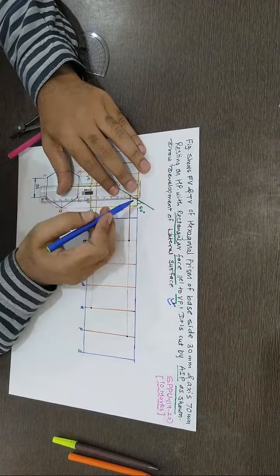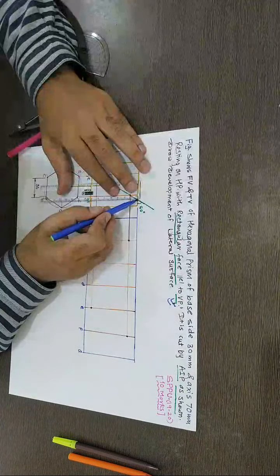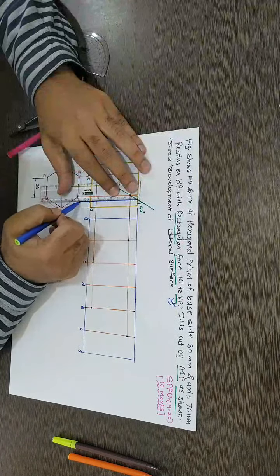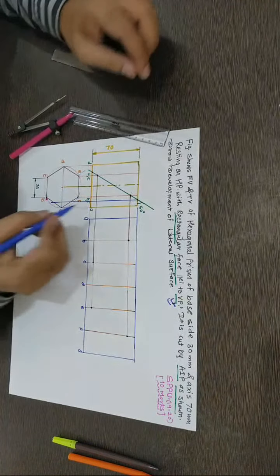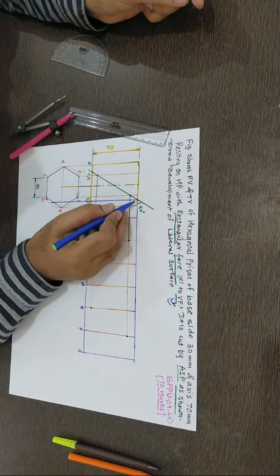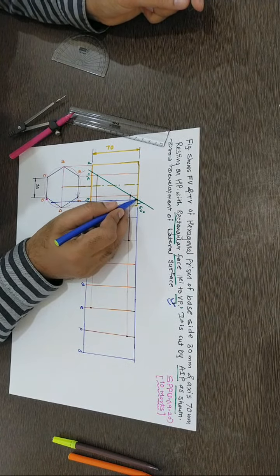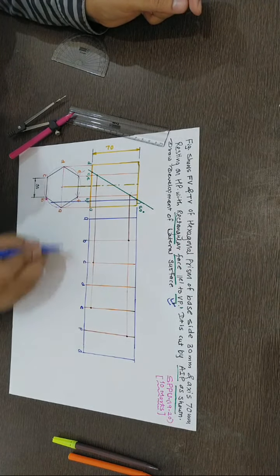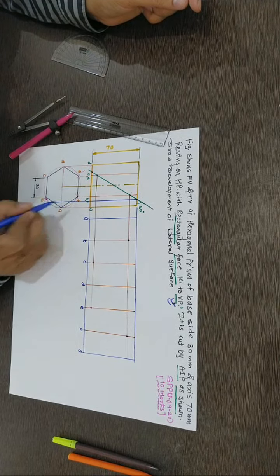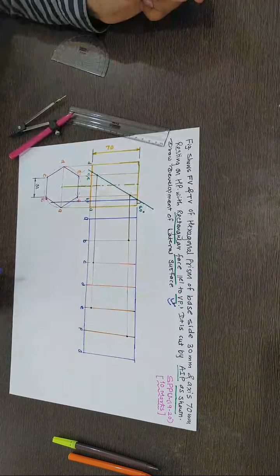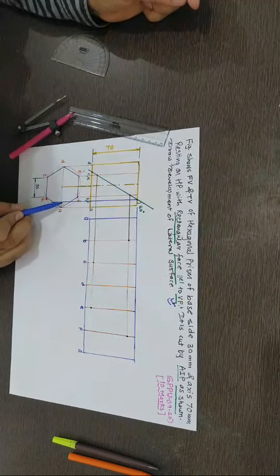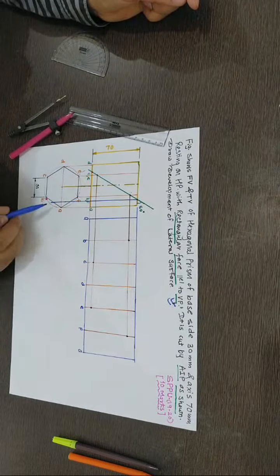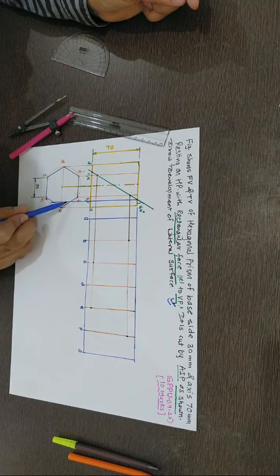So I'll first take its projection in the top view, and I'll check where the cutting plane and this solid are intersecting here. So I'll take the first point here. Now you can easily observe this point is intersecting two base edges in the top view.